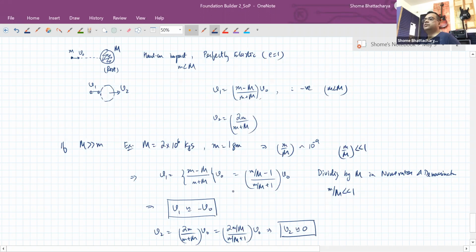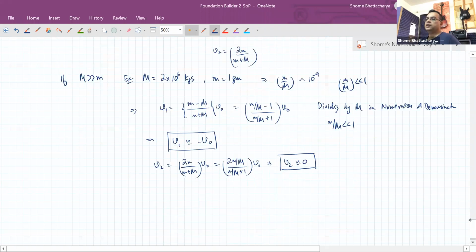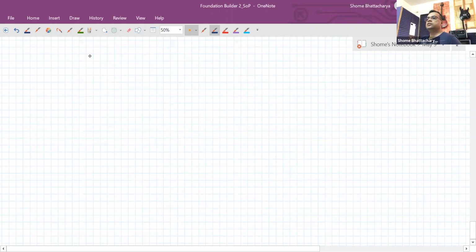So that is what happens if the second object is very, very heavy compared to the first one. The second object will tend to remain at rest in a perfectly elastic collision, and the first one will recoil with a speed v0. Okay. So that is what happens, for example, when a particle is bouncing off the earth in perfectly elastic collision. This is the floor, and a particle starts from here.